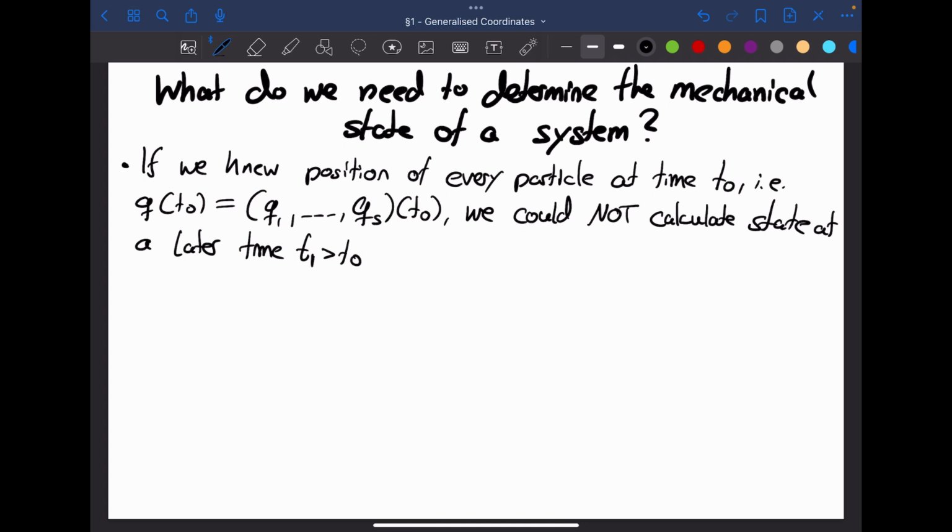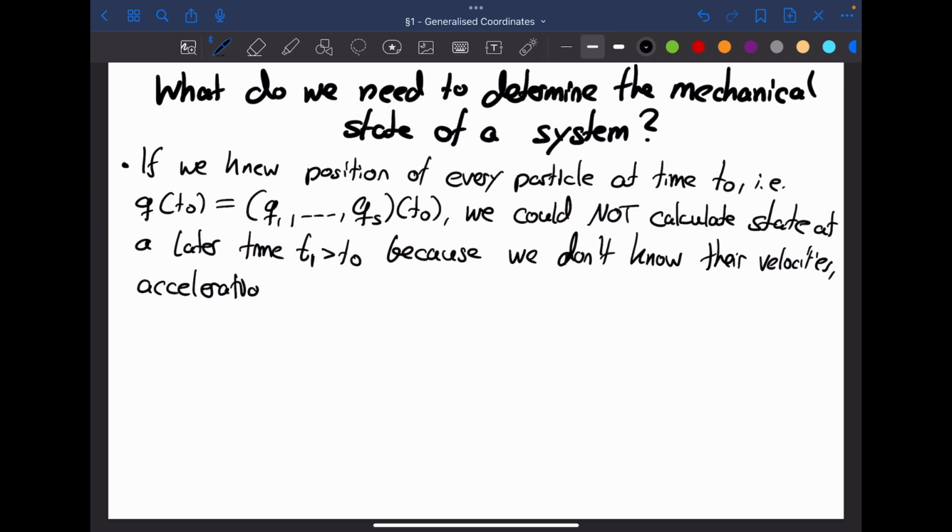And if we don't know that, then we could be very surprised 1 second later, you know. And we also don't know the accelerations, etc. So we could not do that because we don't know their velocities and accelerations, because the velocities could also change, etc.